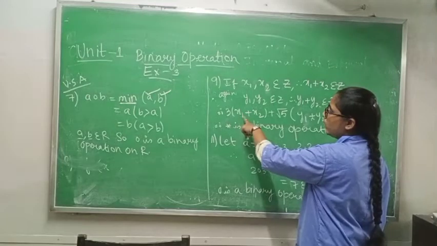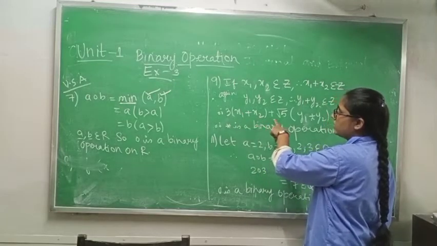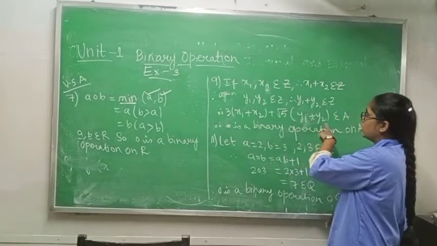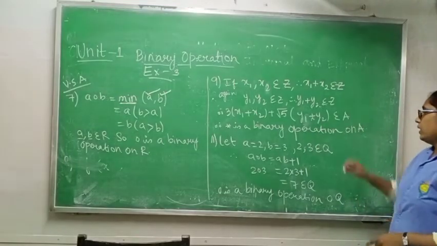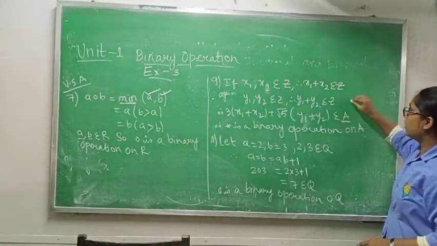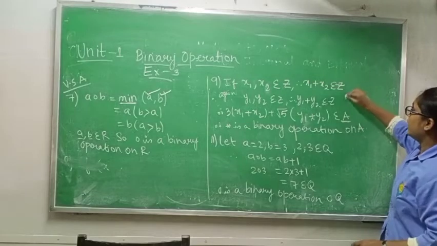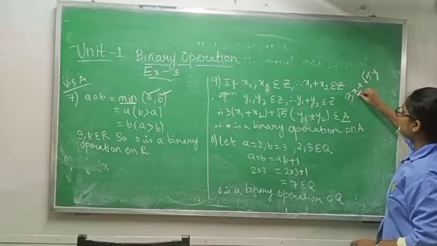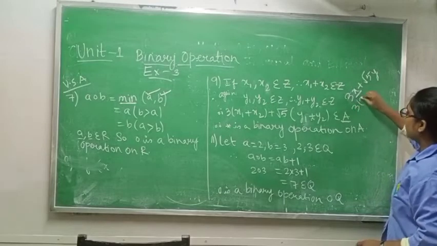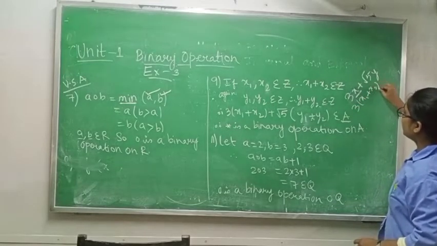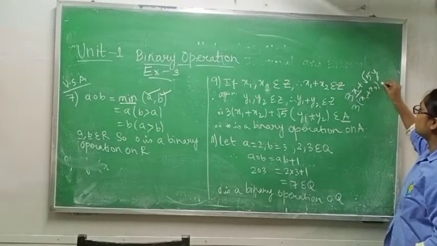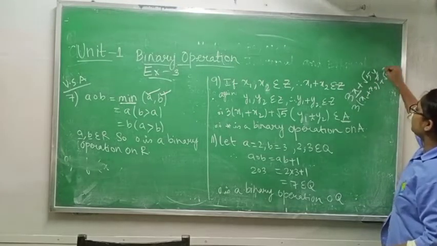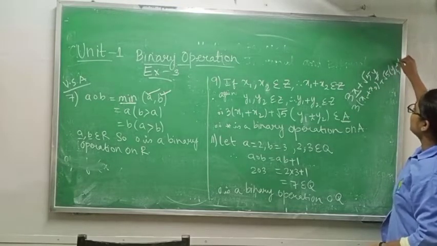Therefore, 3(x1 plus x2) plus root 5 (y1 plus y2) belongs to A. A is what? A is given as 3x plus root 5y. So in place of x you can write x1 plus x2, and in place of y you can write y1 plus y2.